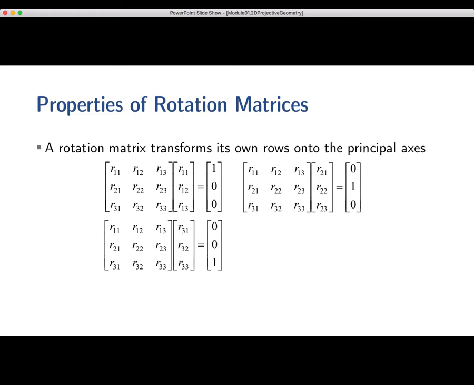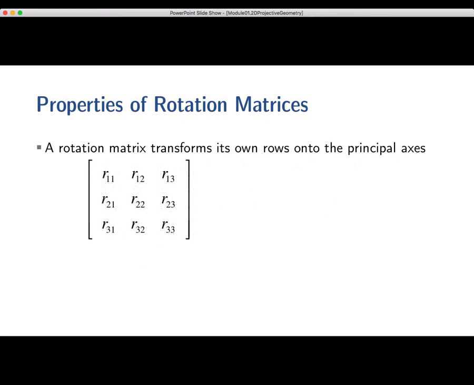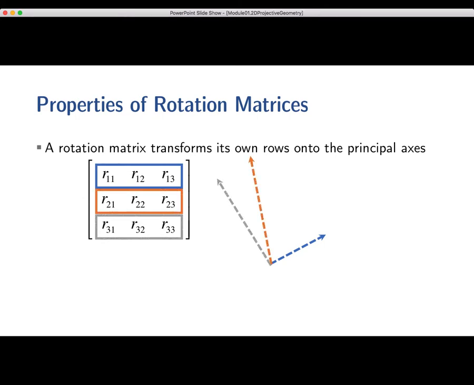So from that I get this result: a rotation matrix transforms its own rows onto the principal axes. It transforms the first row onto the x-axis, the second row onto the y-axis, and the third row onto the z-axis. The picture that gives you is this: if I'm given a rotation matrix, I can visualize the vector made by the first row, the vector made by the second row, and the vector made by the third row.